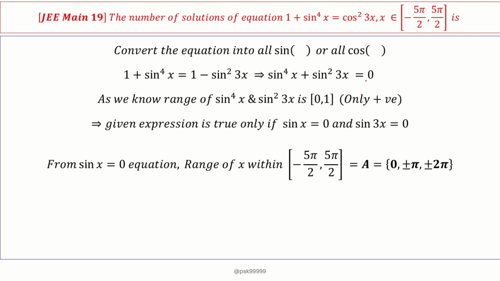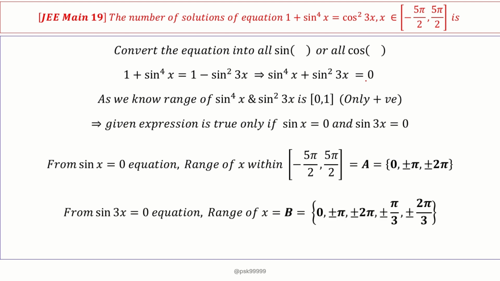And for sin x equal to 0, within the range minus 5 pi by 2 to 5 pi by 2 you have 5 values. That is 0, plus or minus pi, plus or minus 2 pi. And for sin 3x equal to 0, you will get extra values, plus or minus pi by 3 and plus or minus 2 pi by 3.